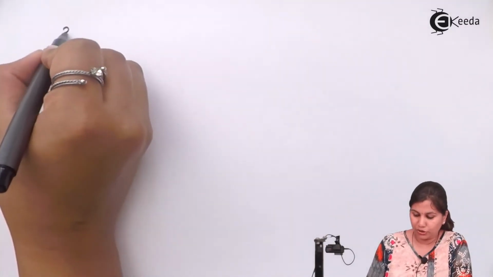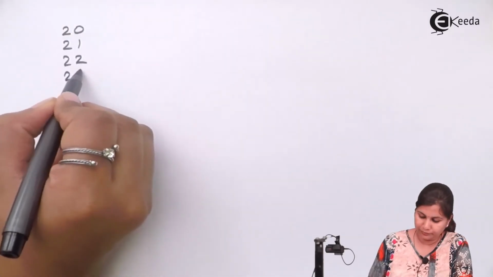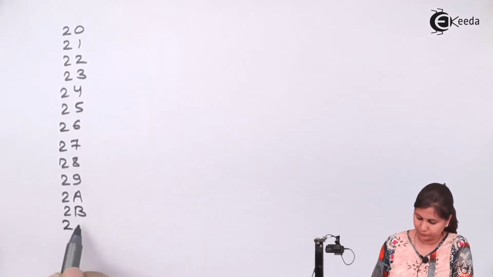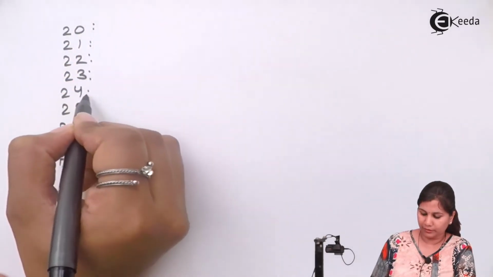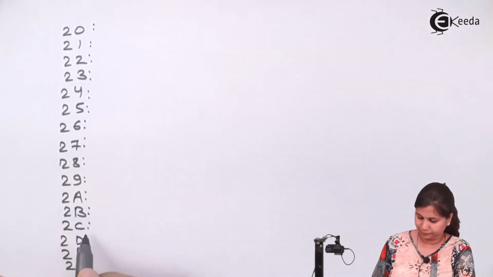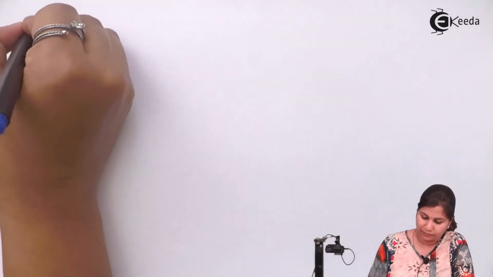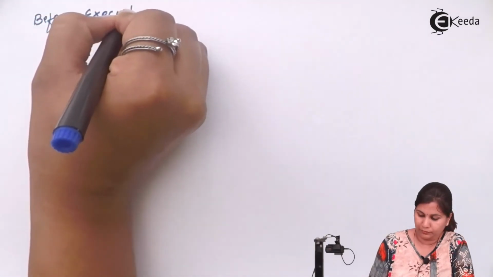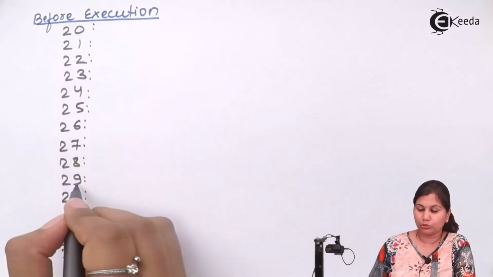Suppose that the source, we know that it is starting from 20, 21, 22, these are the memory locations. Okay, so before execution, the numbers are stored at the locations from 20 to 29.